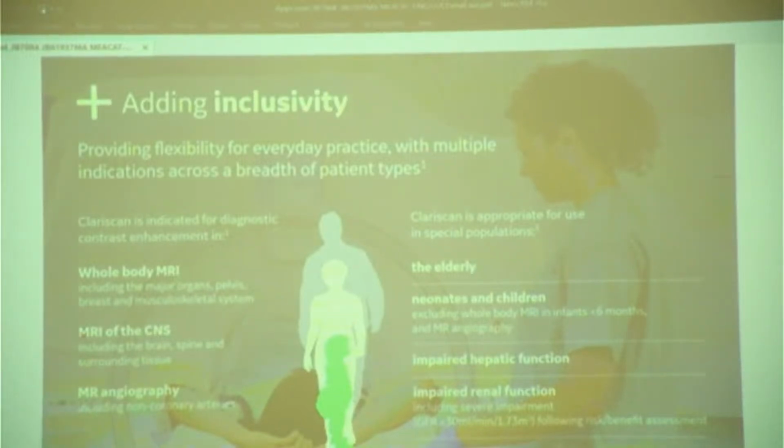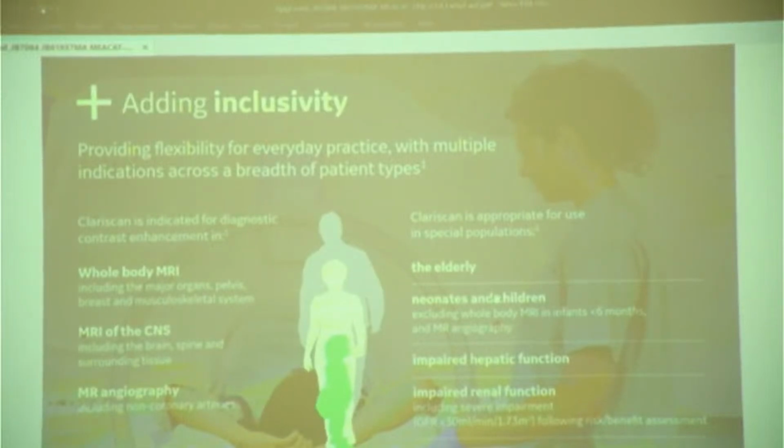Also in CT, for example, our product is only one, Omnipaque, and it does all indications. Actually, it has the highest number of indications compared to other contrast in CT that are non-ionic or smaller. So same as MRI, you can see it can do musculoskeletal, pelvis, breast, major organs, CNS, including brain, spine, and surrounding tissues, plus MR angiography, right?